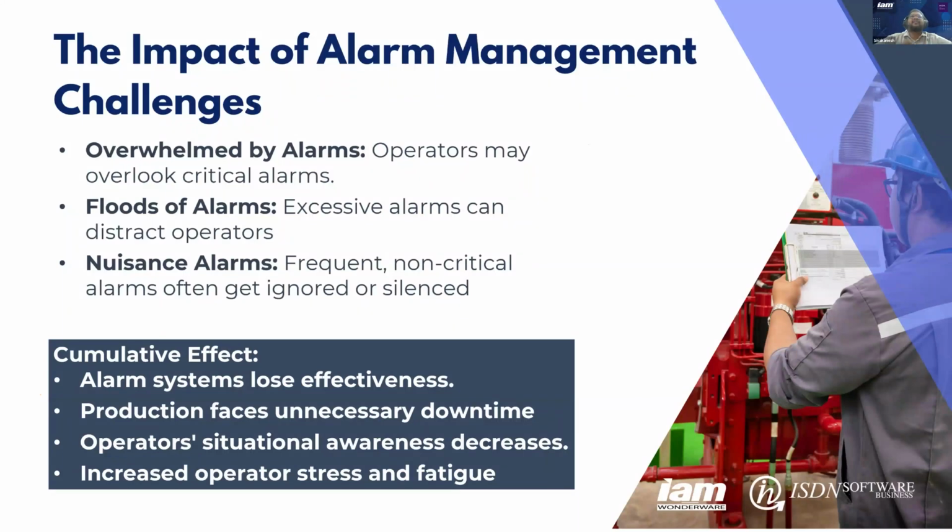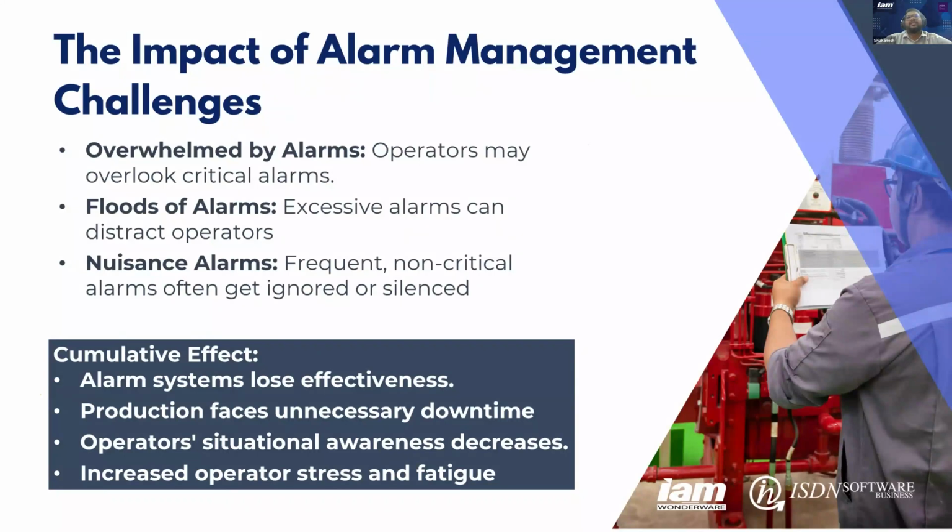False alarm means that probably one of the instruments has been removed from your plant floor, but the alarm is still there. It's not being managed. It's not being removed properly, and then the alarm keeps triggering. So the operator tends to not even bother to click on the alarm page because the alarm keeps happening again and again and again, right? So this also will lead the operator to just ignore the alarms.